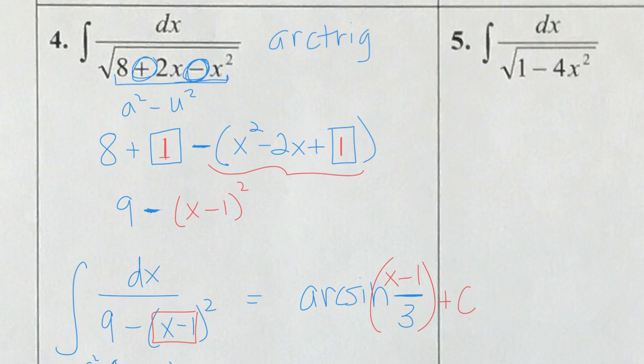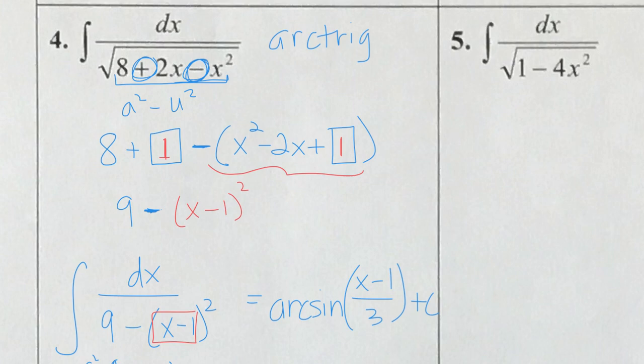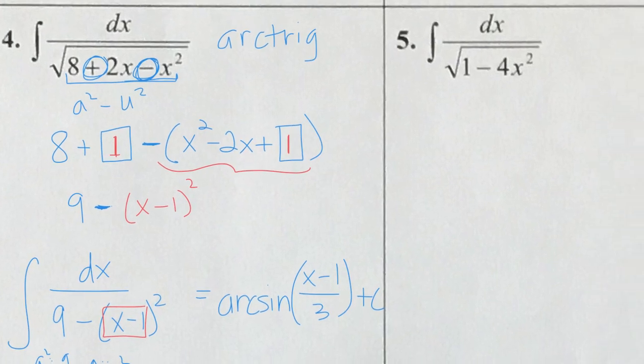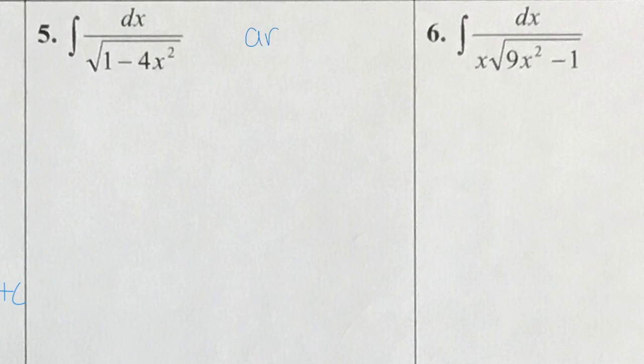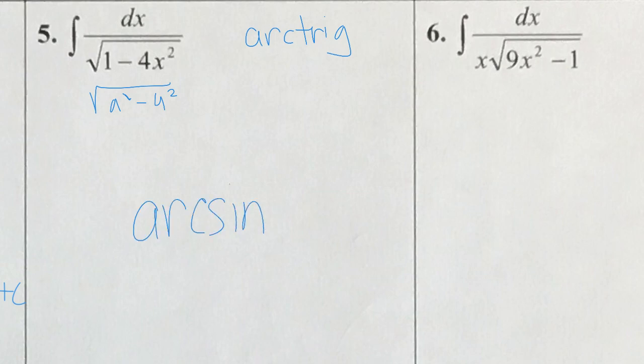Okay, so I'm going to rearrange things and get everything back in the box, so hang on one sec. There, that's better. Okay, so number 5, hopefully you also notice this one as being some type of an arc trig antiderivative. Okay, so it has a square root of a squared minus u squared. Okay, so hopefully you recognize that as also being an arc sine antiderivative.